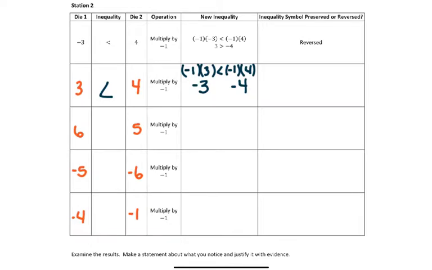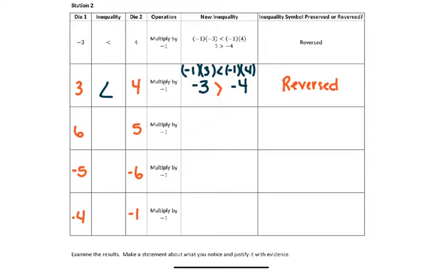It is closer to 0 on my number line. So I'm going to change that inequality symbol to make that statement a true statement. -3 is greater than -4. So they asked me, did my inequality symbol stay the same or did it change? It changed. So we're going to say that the inequality symbol was reversed. Remember, if it's changing, it is being reversed. If it's staying the same, it's being preserved.